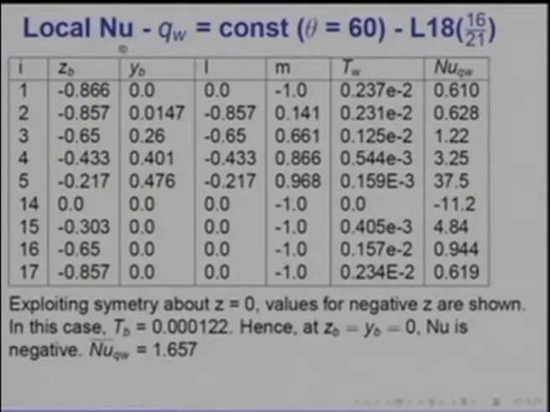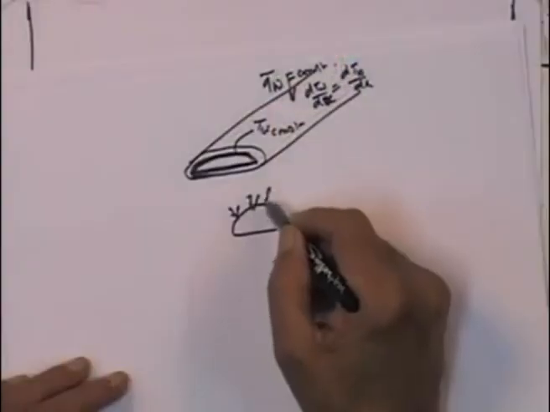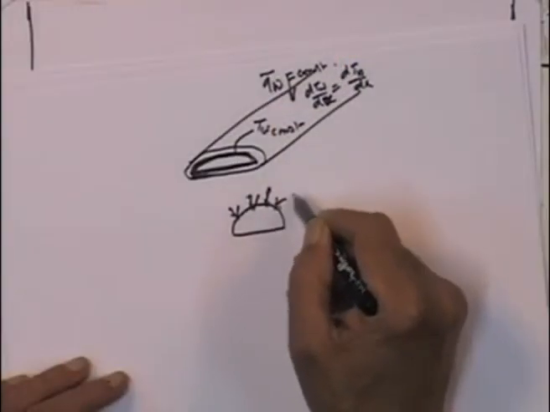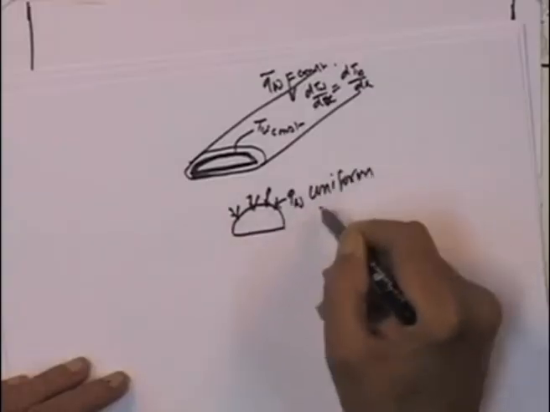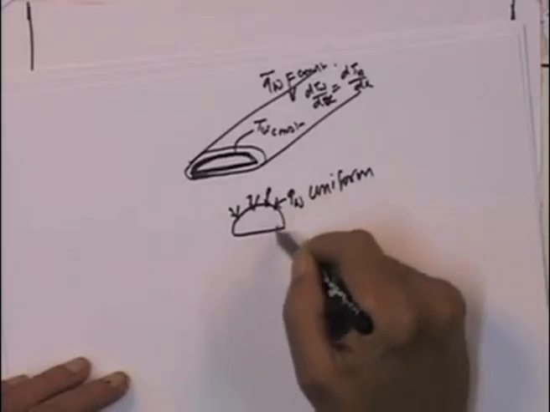Now, let us turn our attention to the case in which circumferentially Q wall is specified, and again in this case Q wall, QW, is uniform around the circumference.